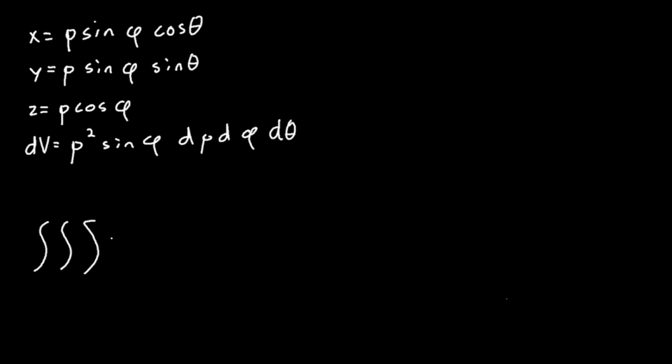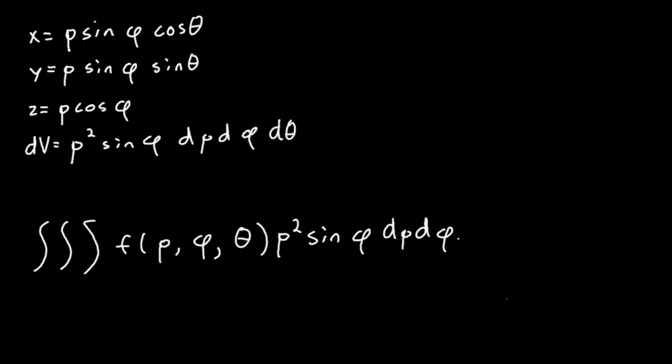You're going to have your triple integral with your function now transformed using rho, phi, and theta, multiplied by dV. And remember what dV is equal to? dV is equal to rho squared sine of phi d rho d phi d theta.